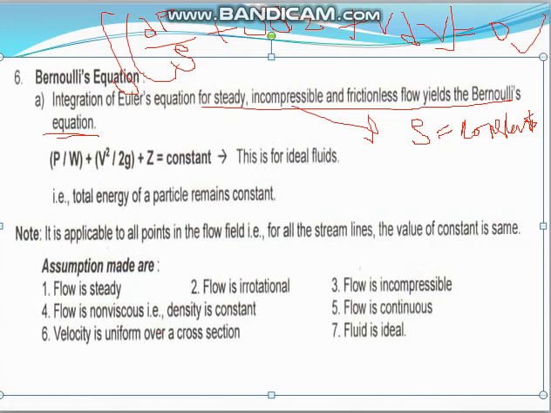So the equation will be P by rho plus g z plus V square by 2 equal to constant.